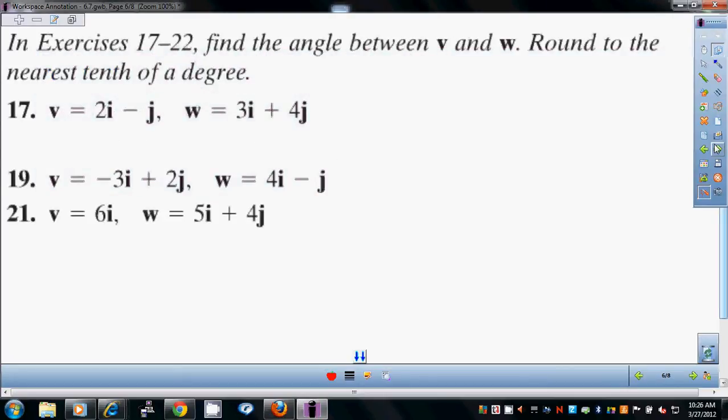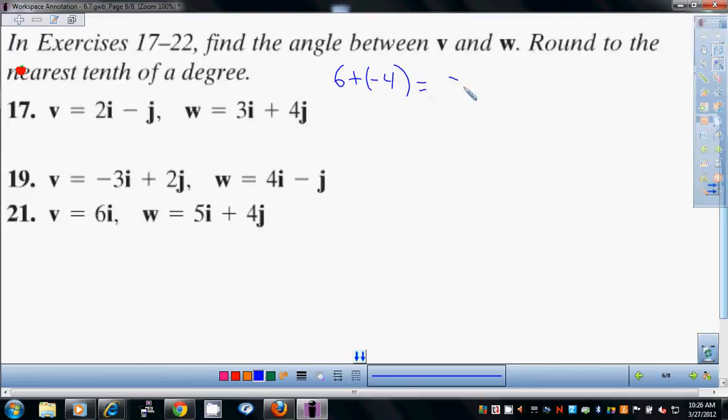Okay, here we go. Find the angle between V and W. First thing I'm going to do is find the dot product. So 17. Darn, I'm still in Apple mode. 2 times 3 is 6. Negative 1, thank you, times 4 is negative 4. So my dot product is 2. So I'm going to be doing cosine inverse of 2 over, now I need the magnitudes.